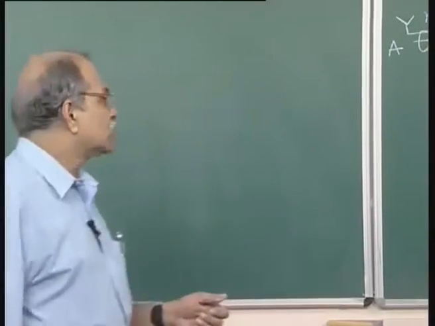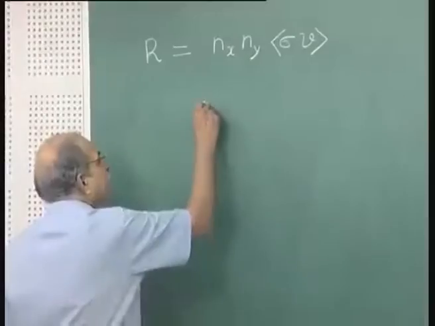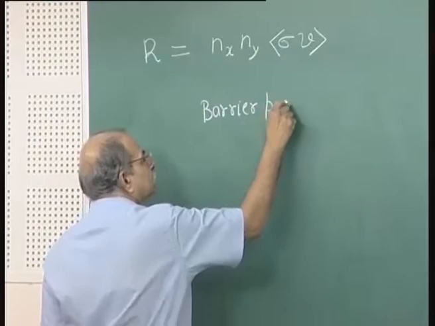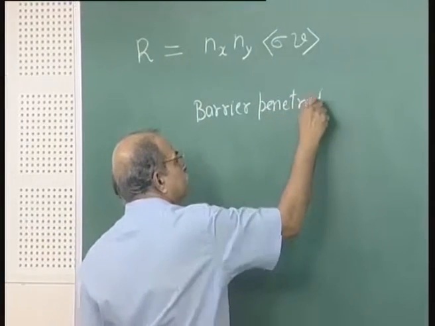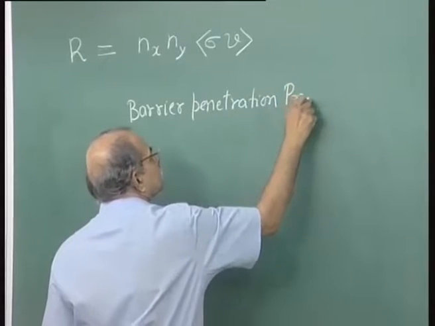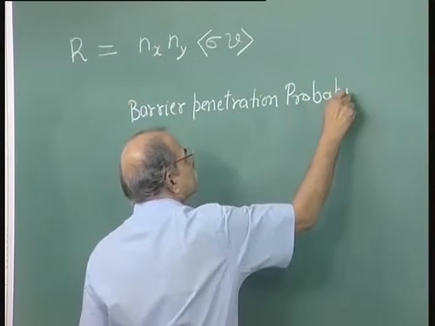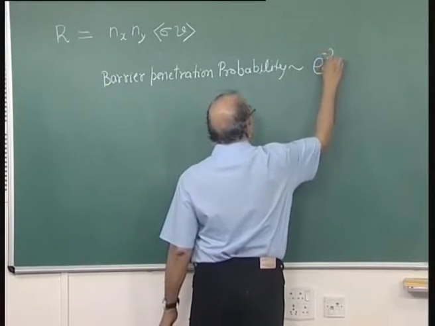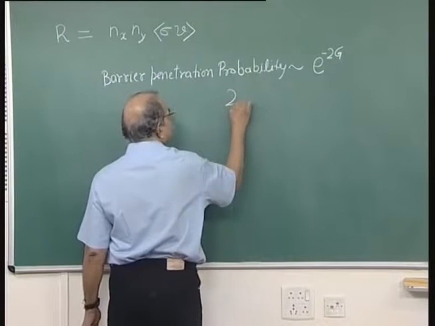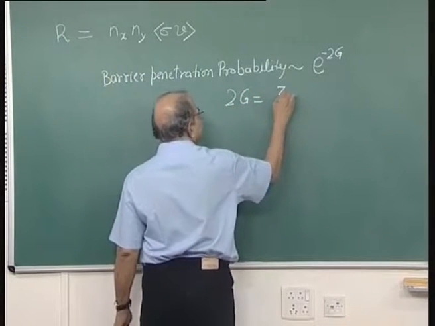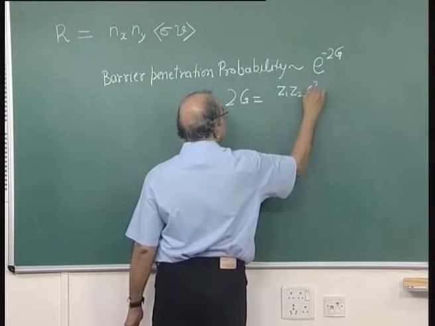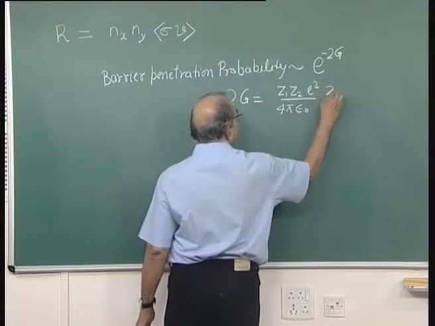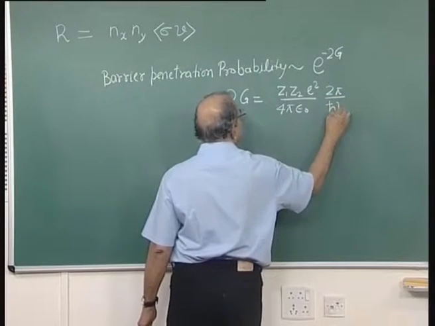And that expression for the barrier penetration probability is like e to the power minus 2g, where 2g is written as z1 z2 e squared over 4 pi epsilon naught, times 2 pi by h cross v.